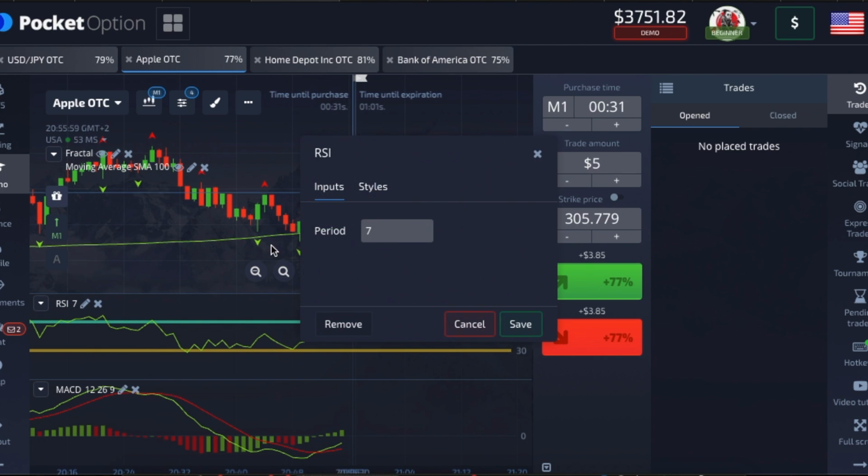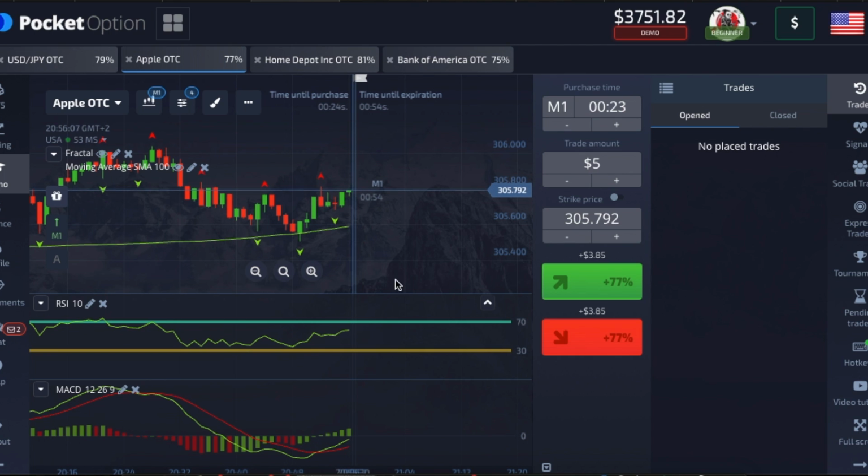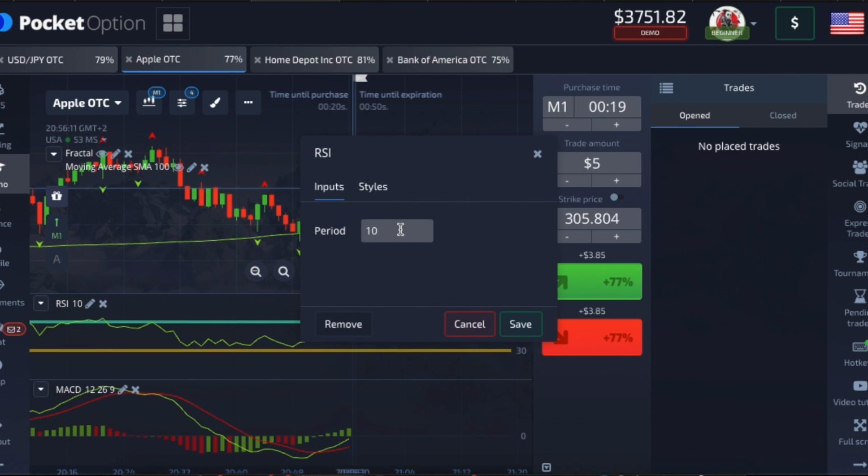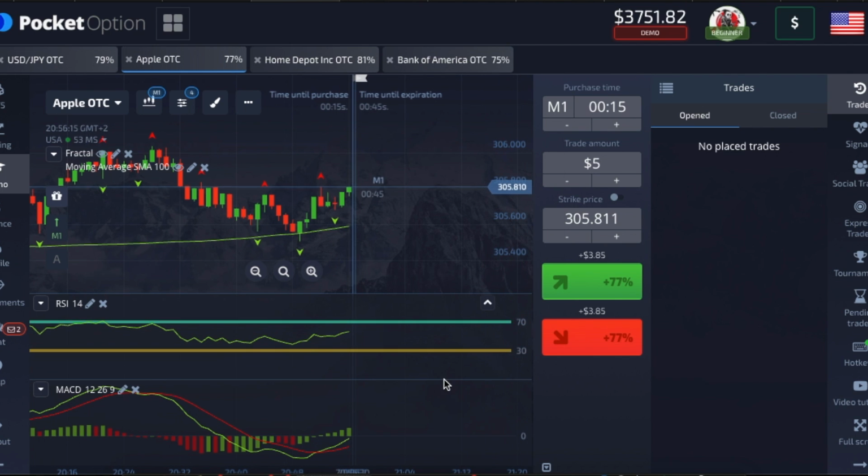And 14. So normally it's at 14. I really don't mind it being at 14. However, I started looking at different RSI movements that I liked, so I went ahead and started sticking with the 5.